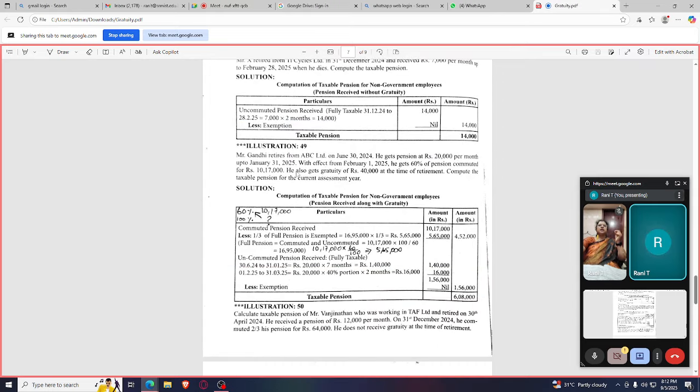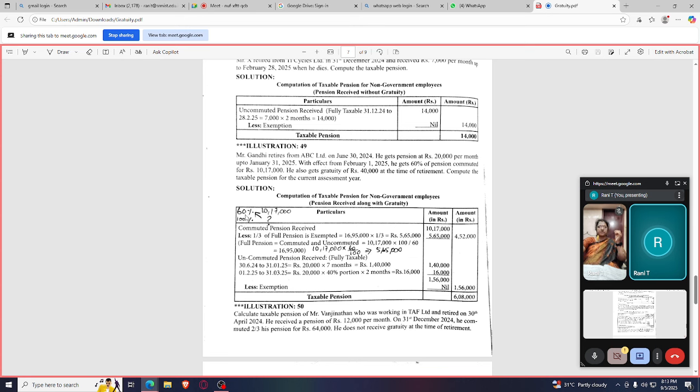He has received 60 percent commuted pension as 10,17,000. You write that there. After that, find out 1 by 3 of full pension, which is exempted. In order to find 1 by 3 of the full pension, first we need to find 100% of the commuted pension. How will we find it?